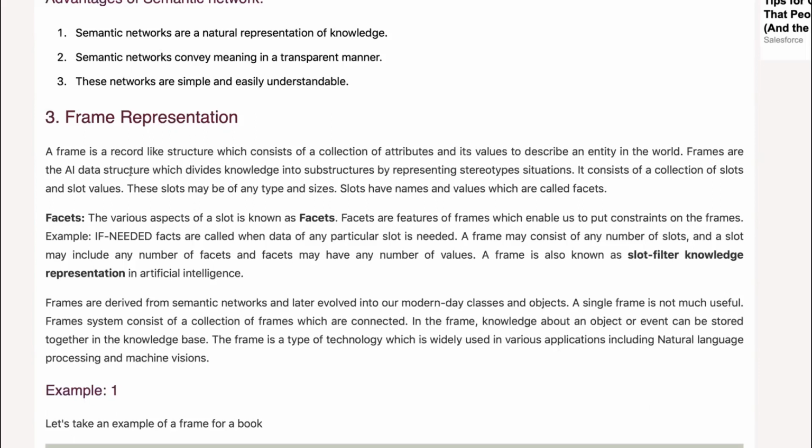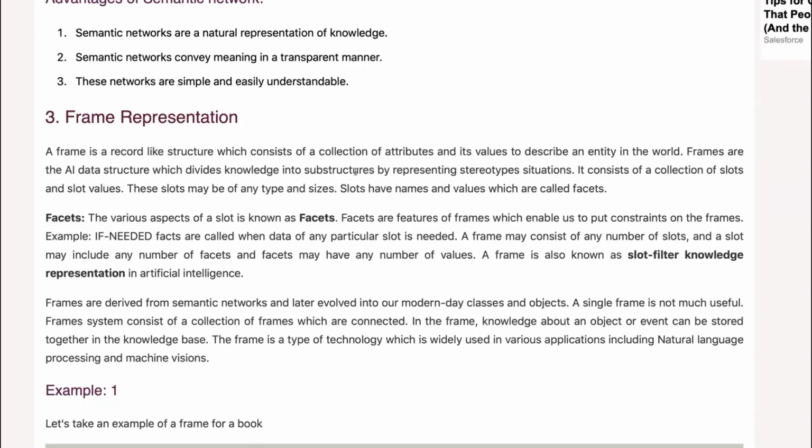Here again, we use frames, a data structure, to represent our knowledge in the AI machine or AI agent. But the knowledge representation using frame representation as a technique is not a data structure. It's the frame that we use.